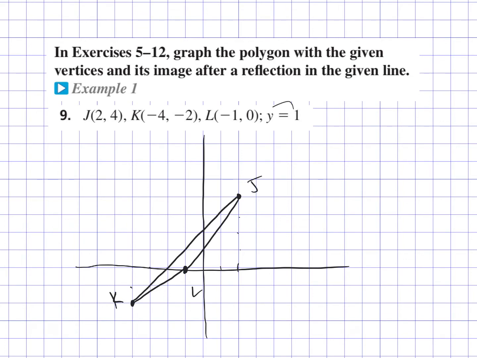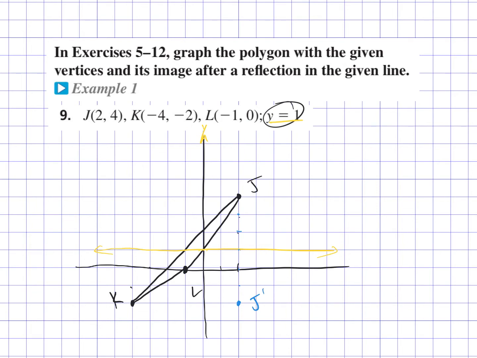All right, now there's one variable, so that means it's going through the y-axis at 1. So there's 1 on the y-axis, so it's going to be a horizontal line. Okay, so we've got to reflect over that. Let's start with J. J is 1, 2, 3 units away, so J prime is 3 units on the other side. 1, 2, 3.